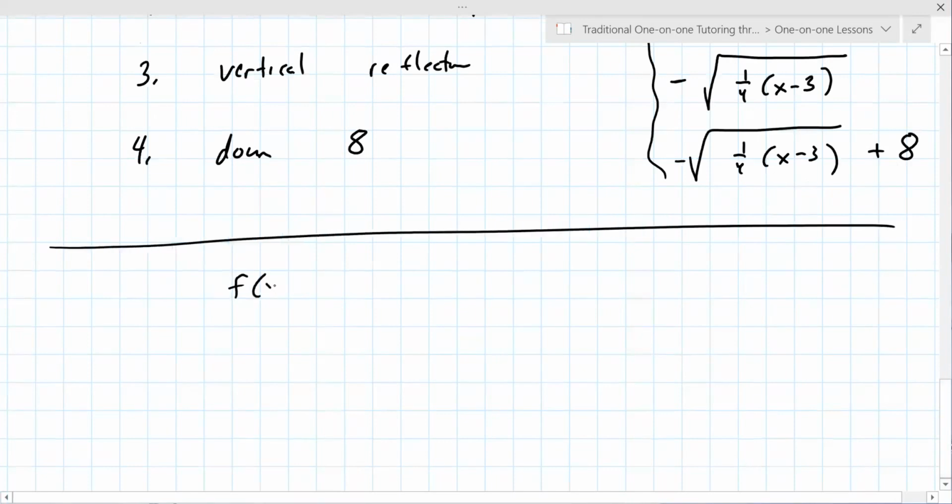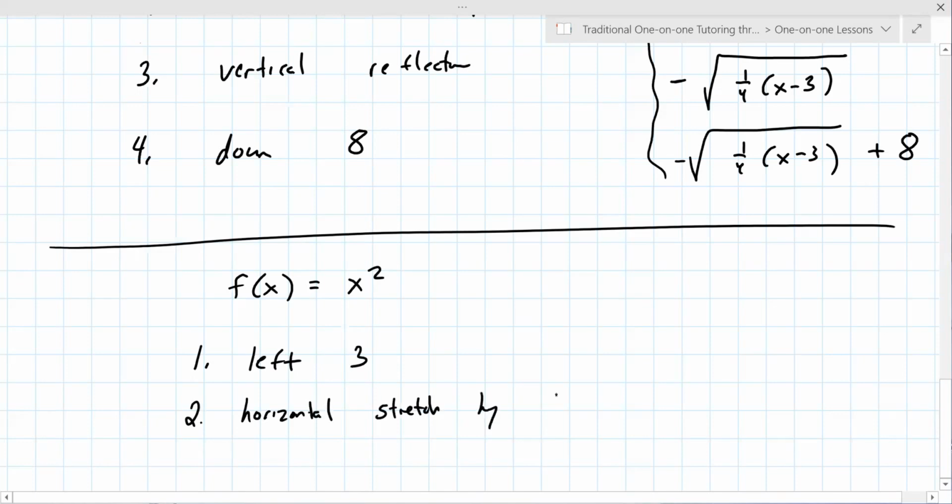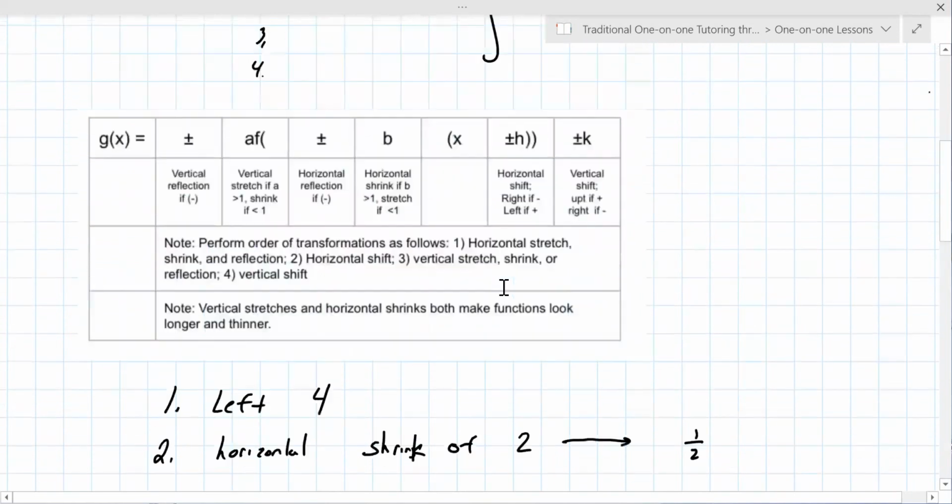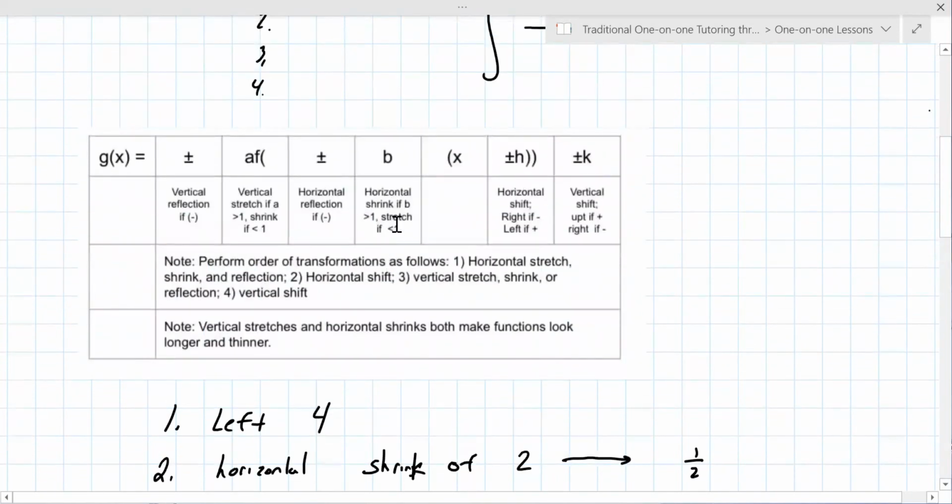Let's say it's x squared. Let's go left 3. Horizontal stretch by 5. So the stretch, if we go back and look at our wording here, it says it's a stretch if it's less than 1.